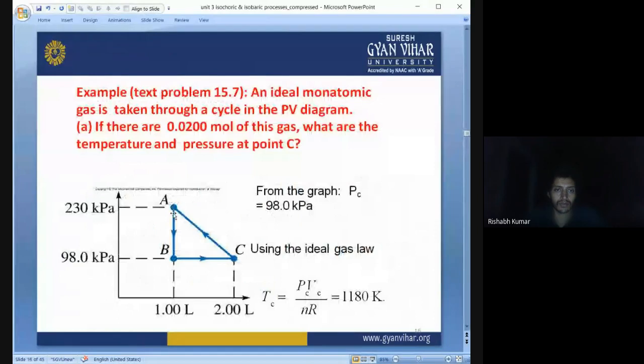And because it is counterclockwise, the work done is going to be negative. If it was clockwise, then work done would have been positive. It is counterclockwise, so work done is going to be negative.